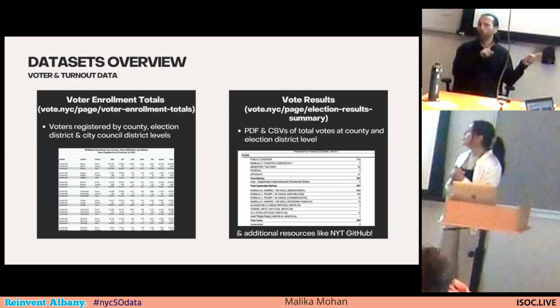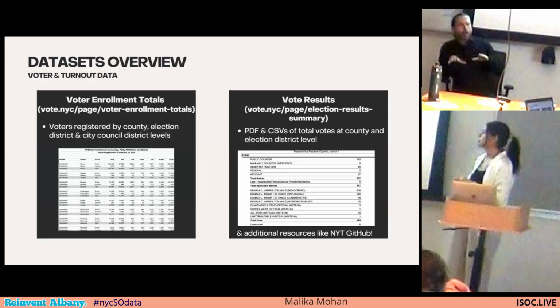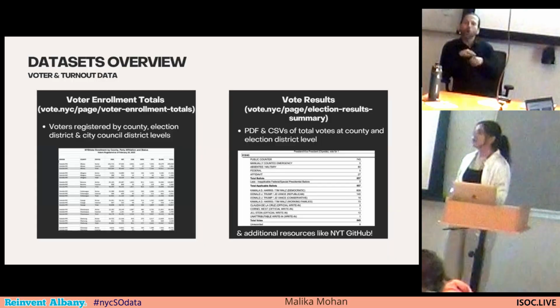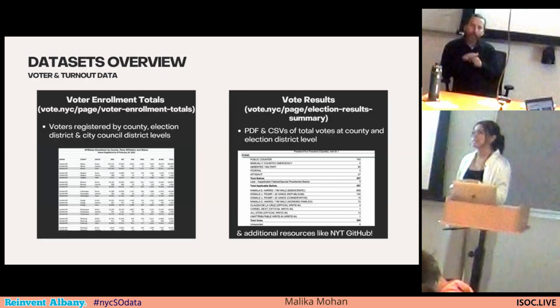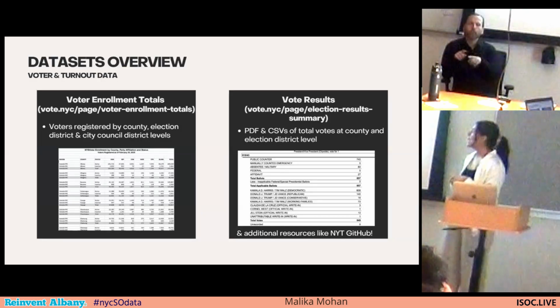And so BetaNYC has a lot of great public information about election data. They provide voter enrollment totals. So this is voters registered by county, election district, city council district, and municipal court district levels. So at these very geolocation levels, they provide voter totals overall.